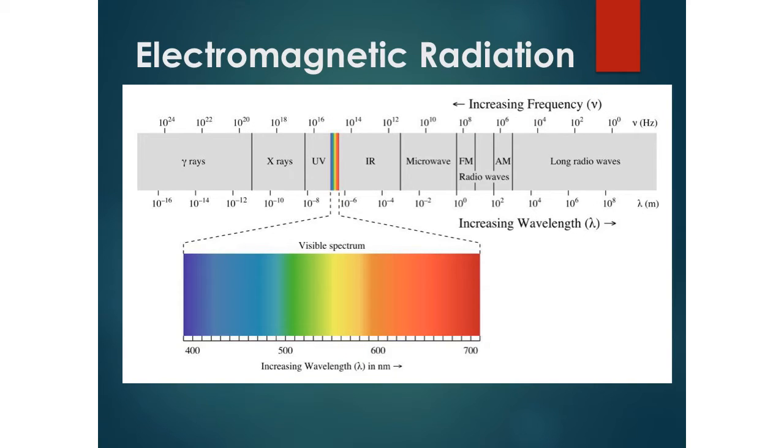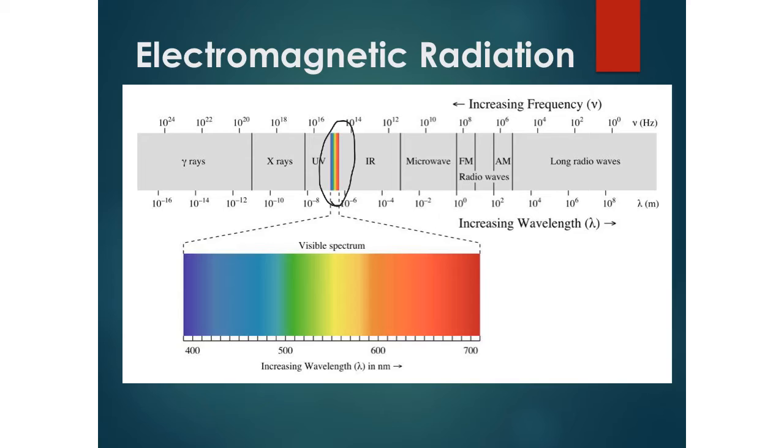Even without physics, you'll remember from your previous science classes learning about electromagnetic radiation and where the different types of waves fit in on the electromagnetic spectrum. So we have the visible spectrum that makes up a very small part here, and then different colors have a different wavelength, different energy, different frequency.